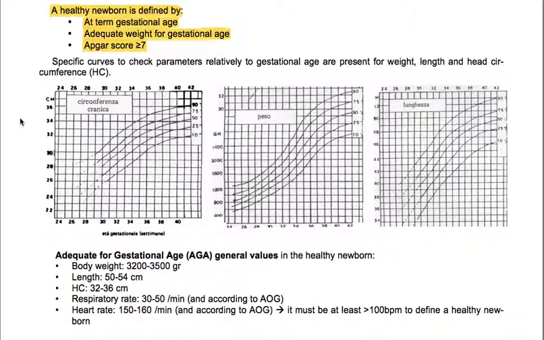The heart rate is between 150 and 160 per minute. It must be at least more than 100 beats per minute to define a healthy newborn.